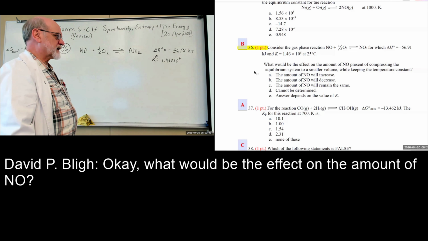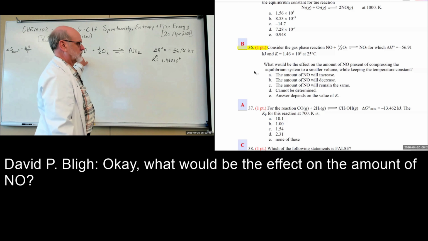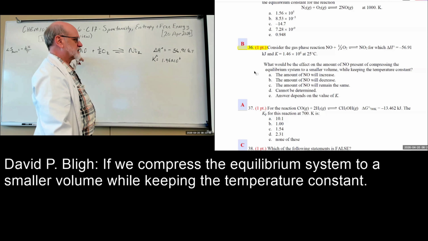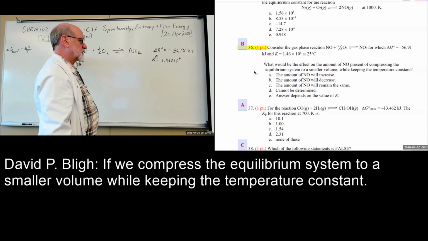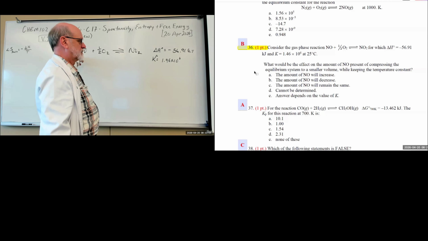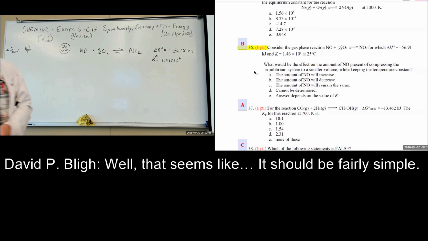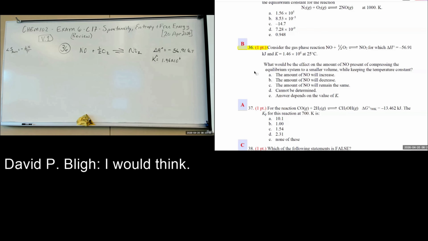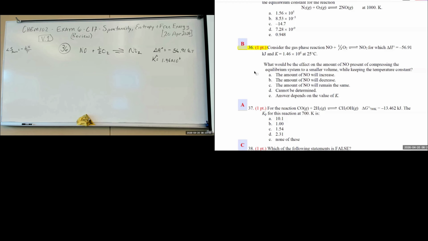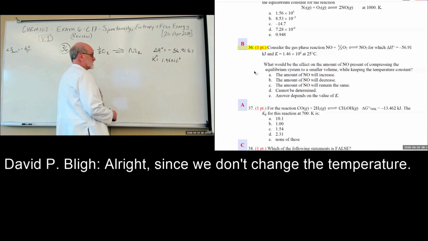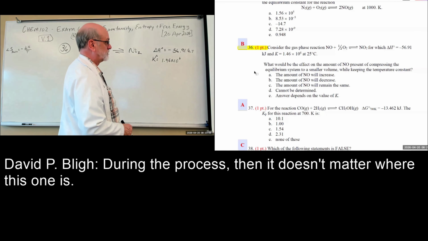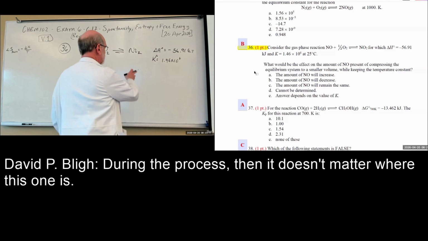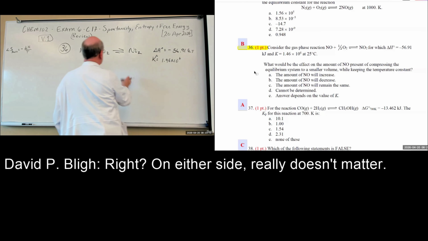Okay, what would be the effect on the amount of NO present if we compress the equilibrium system to a smaller volume while keeping the temperature constant? Well, that seems like it should be fairly simple, I would think. All right, since we don't change the temperature during the process, then it doesn't matter where this one is, right?